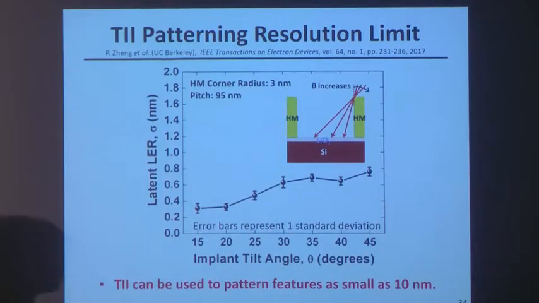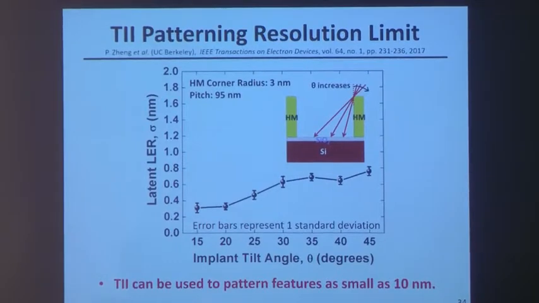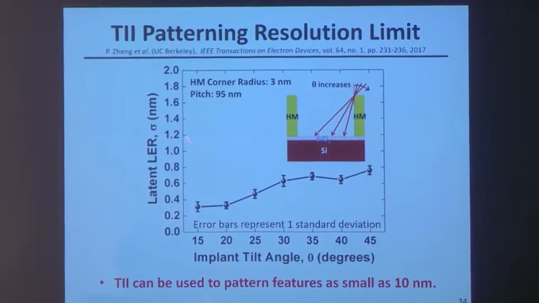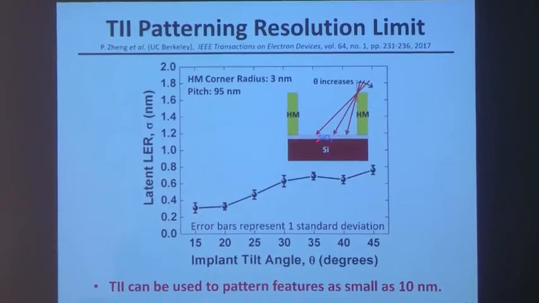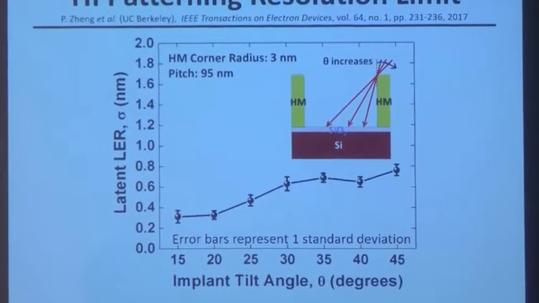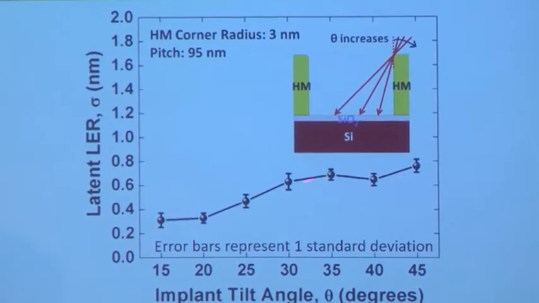Now, the obvious question would be, what is the resolution limit of this implant lithography process? From simulations, my student simulated different tilt angles. There's going to be some lateral straggle of the implant, of the ions, right? So that's going to lead to some line edge roughness. That's what this plot shows: the latent line edge roughness due to ion straggle in that oxide, and how it depends on the tilt angle.